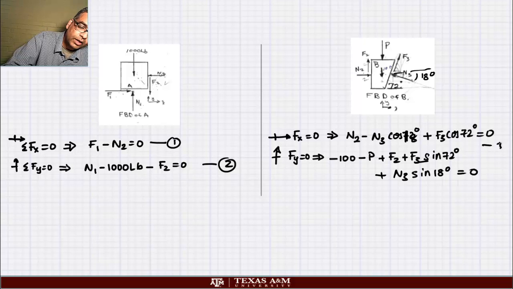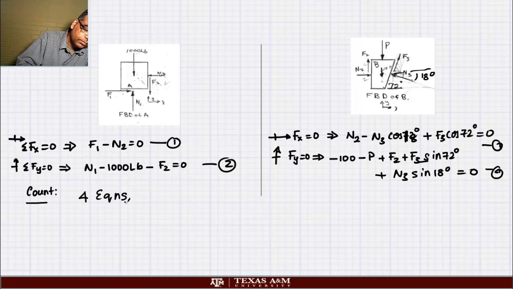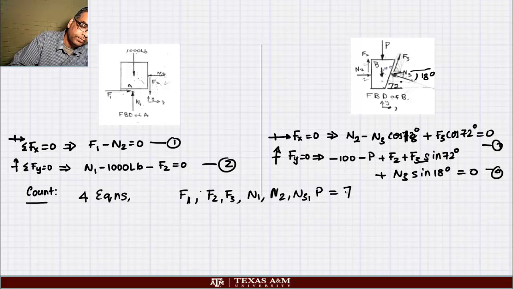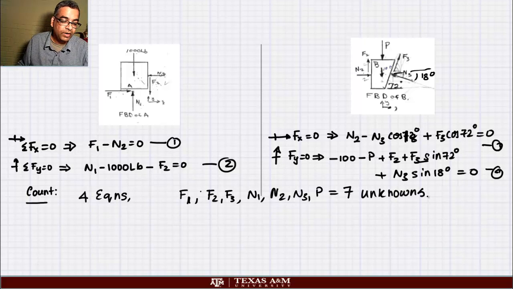So this is equation 3 and 4. So now it's time to count. There are 4 equations. Unknowns are F1, F2, F3, N1, N2, N3, P. Seven unknowns. So I need 3 more assumptions.